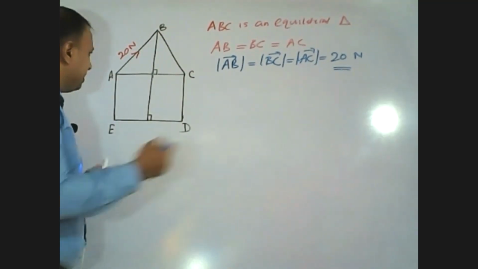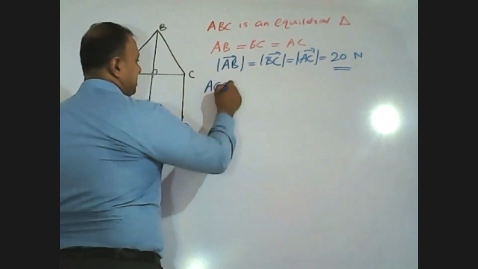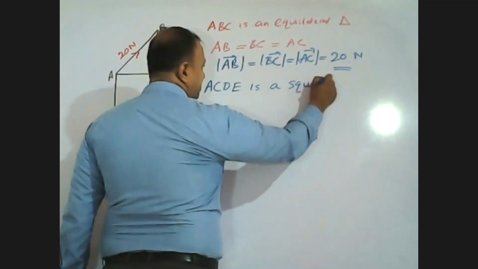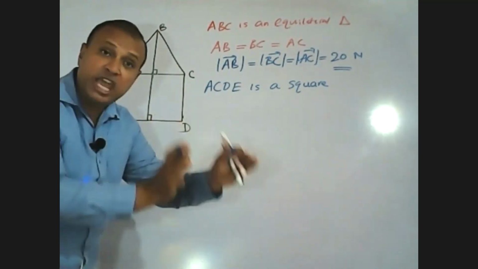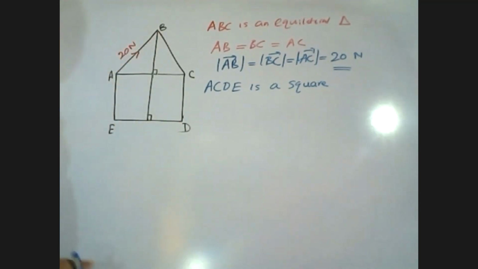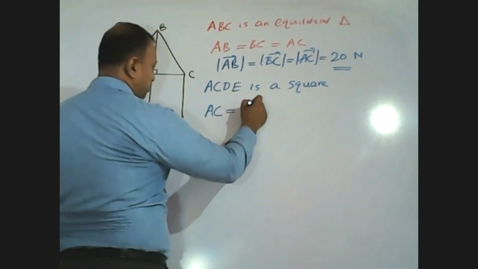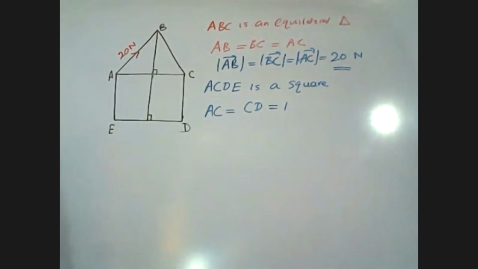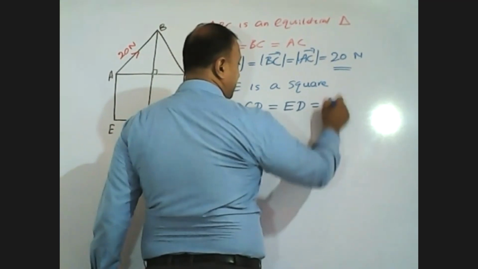Then ACDE is a square. As it is a square, all the four sides should have the same length. Therefore, the length of AC should be equal to the length of DC, ED, and AE.